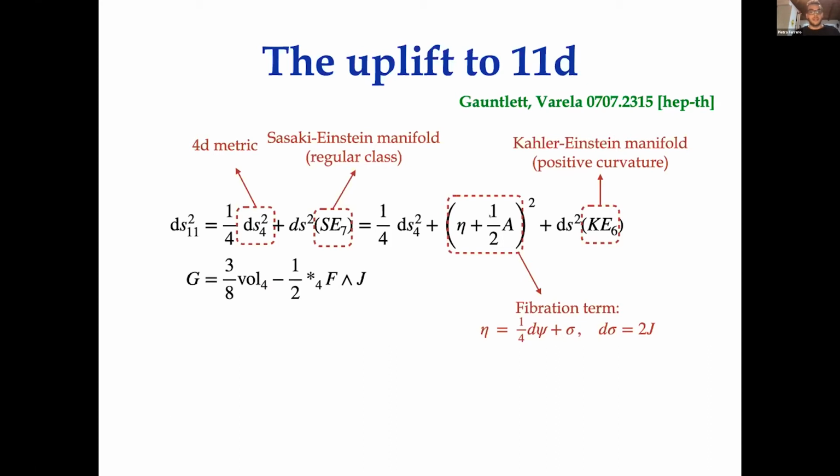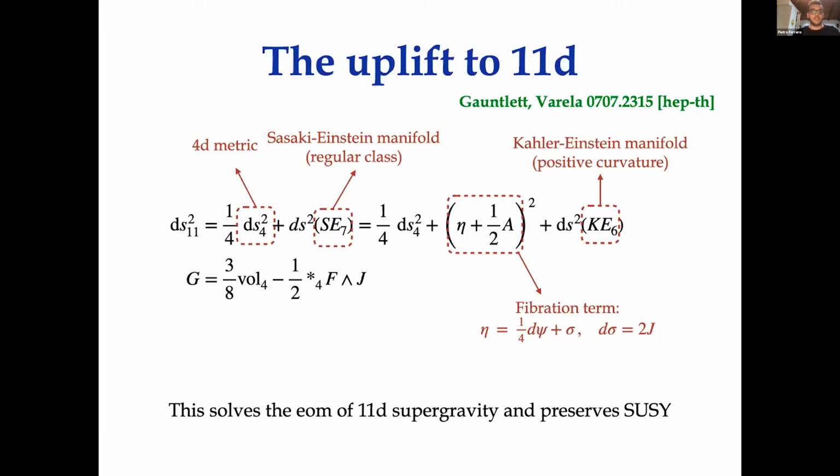This can be written itself as a U(1) fibration over a Kähler-Einstein manifold of positive curvature. This ansatz solves the equations of motion of 11-dimensional supergravity and preserves supersymmetry. So by this uplift, we obtain a local solution in 11 dimensions, which, however, is still singular.